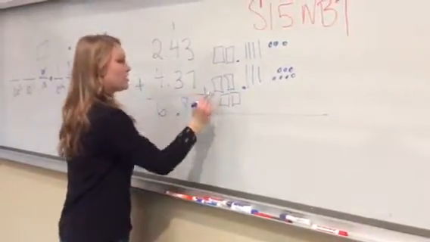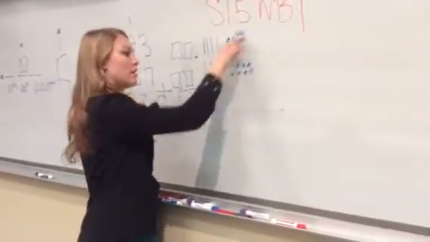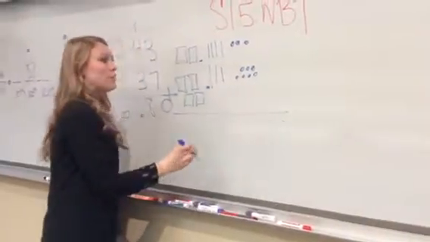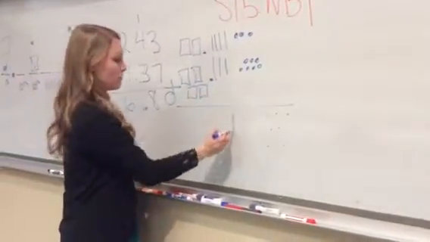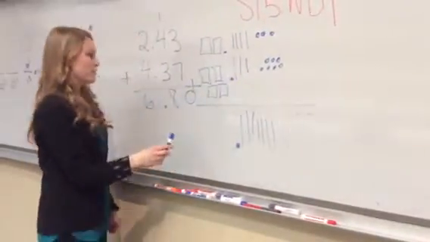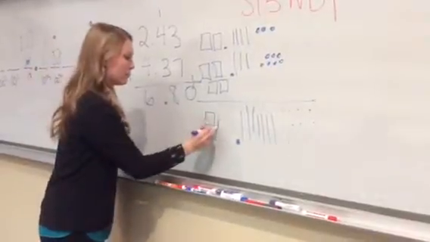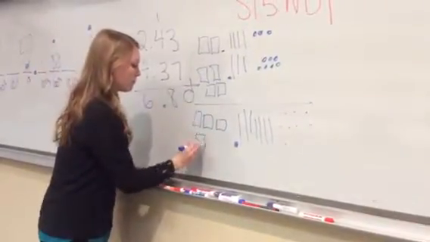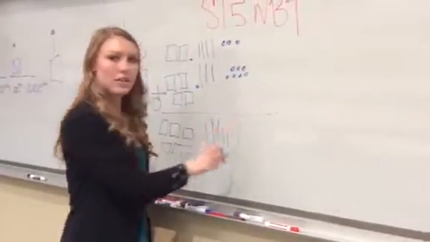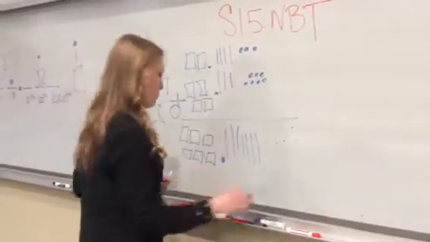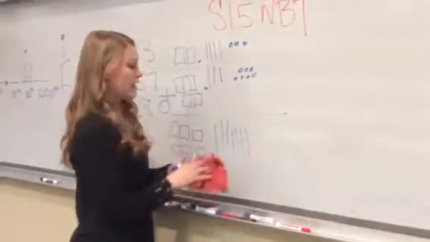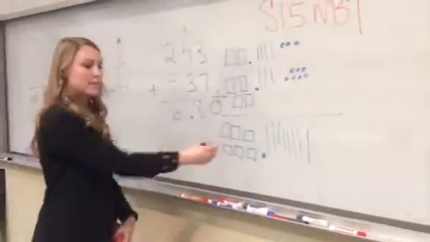So if we add this across, we now have 10 units, 7 rods, and 6 flats. When looking at this, we know that we have 10 units here, and 10 units make a rod. So we will take away our units and add another rod, coming up with 6.8.